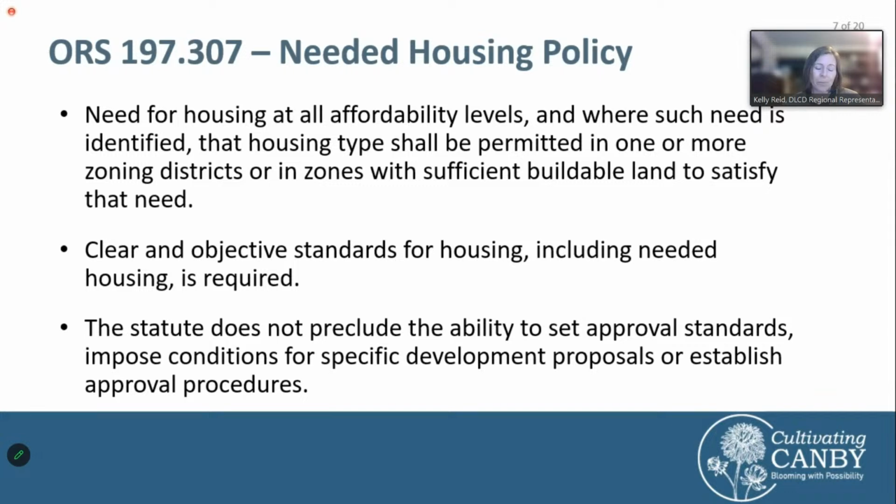And so an applicant or a developer then gets to choose: do they want to go through the clear and objective path and use the standards that are numerical and measurable and very clear, or do they want to go through the discretionary path that maybe goes to you, the Planning Commission, where you apply discretionary criteria and you can use your own opinions to make your decisions about whether their proposal meets the standards.